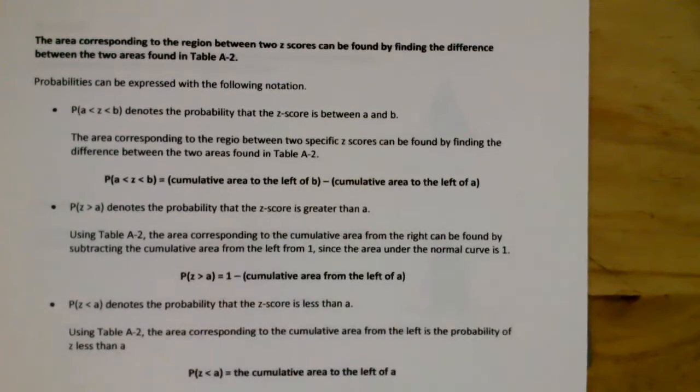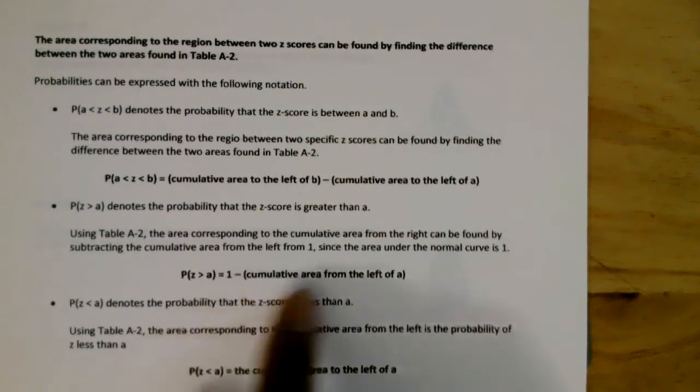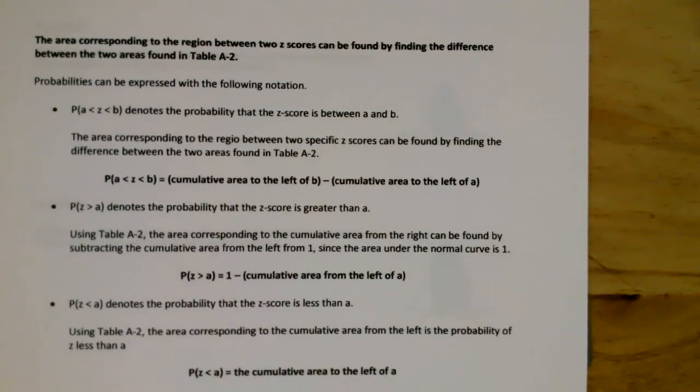So it's got to be 1 minus the cumulative area on the left of A. Because in the table, it does give you probability values that are representing the cumulative area from the left. You want the area on the right, so that's why you do 1 minus the cumulative area from the left.